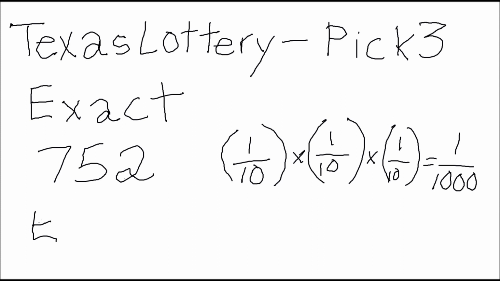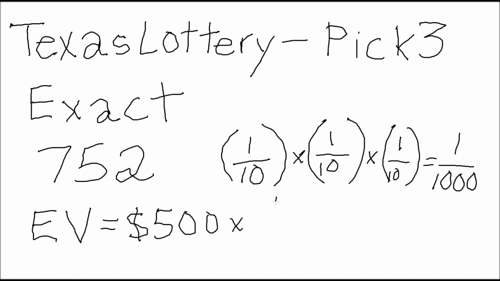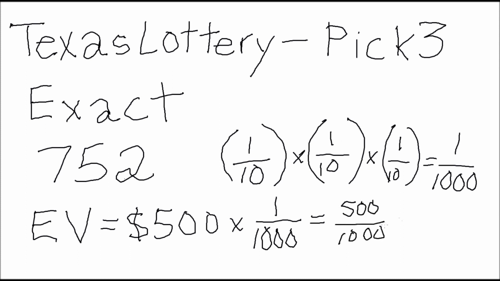So let's calculate the value of that bet. If you were to bet $1 and won, you would win $500. Then to calculate the value, you have to multiply the win by the probability of winning. So the value of a $1 ticket is 500 divided by 1,000, which equals 50 cents.